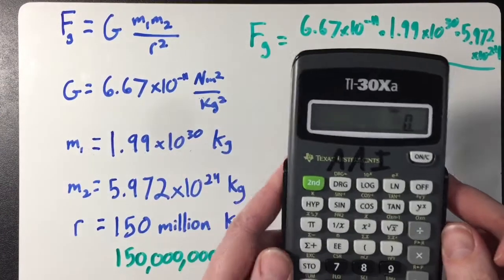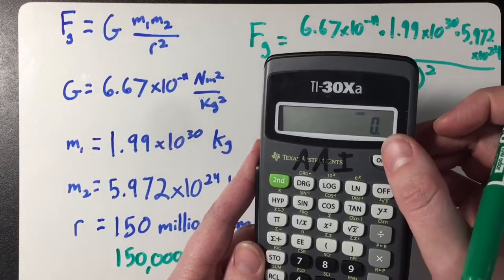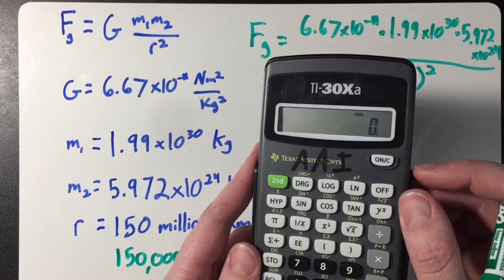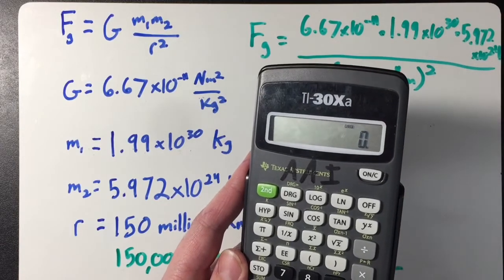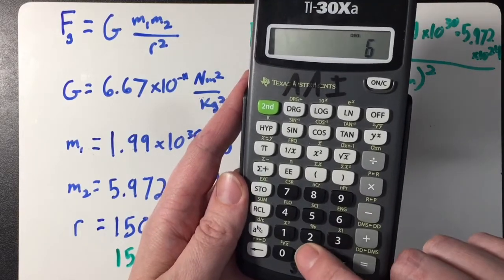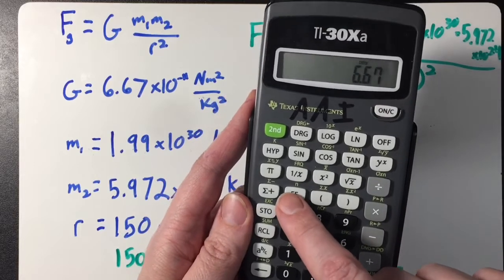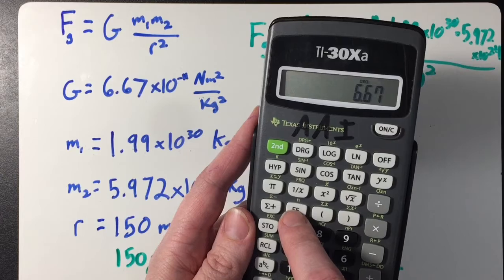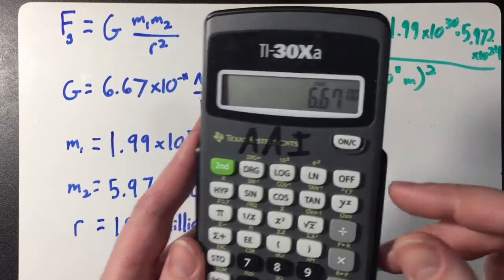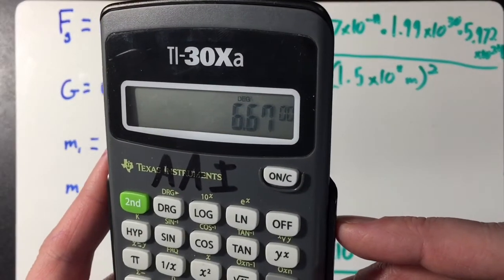All right, on your calculator, what you want to do is you can just plug these numbers in like so. You do something like 6.67 EE, the two capital E's, that means times 10 to the something power. So you do EE, and as you can see, it shows 2 zeros there.